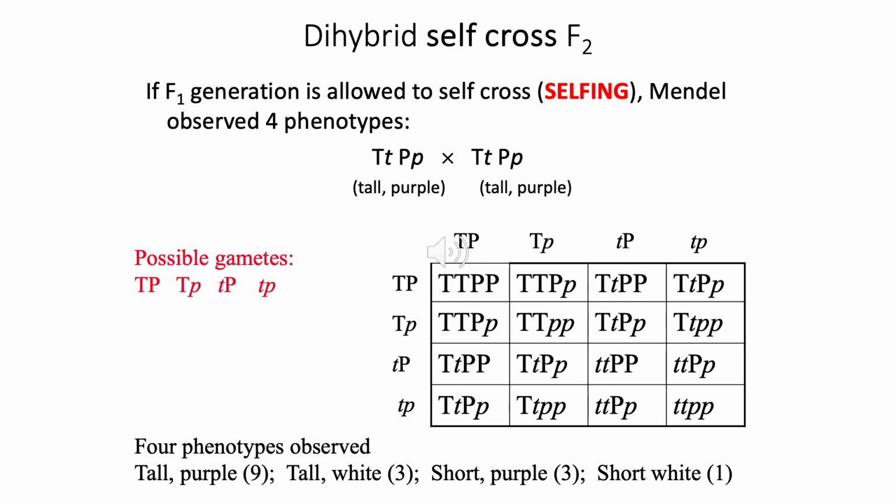Mendel observed four phenotypes: tall purple, 9 out of 16, tall white, short purple, and only 1 over 16 is short white. This represents homozygous recessive for both flower color and stem length.